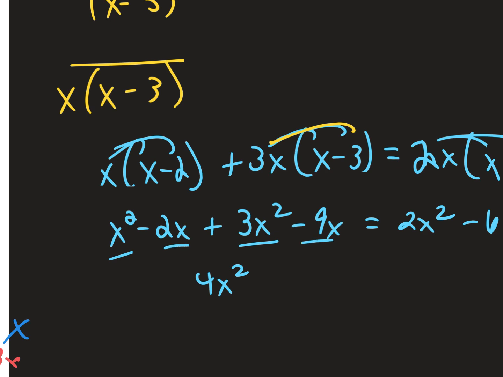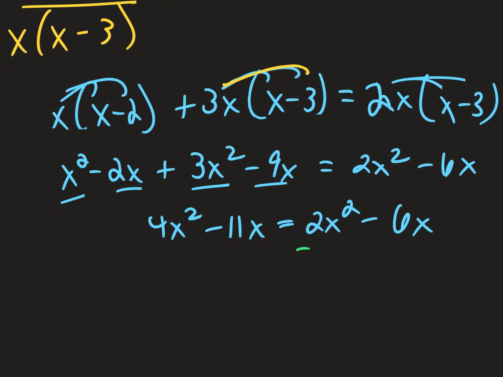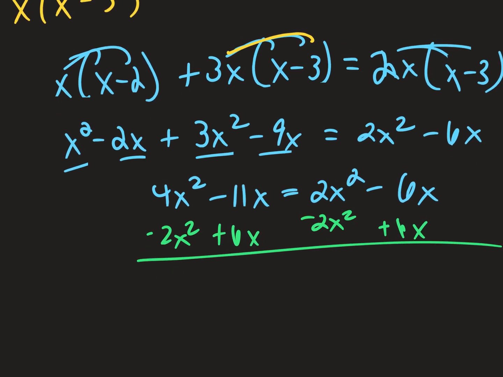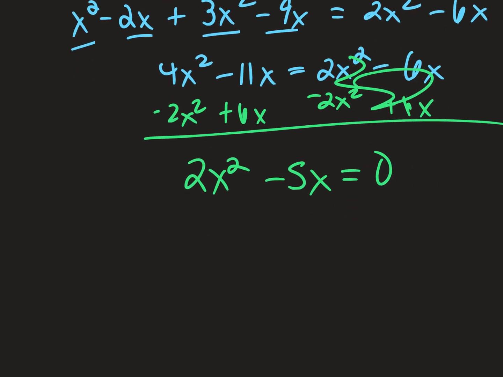Negative 2x and negative 9x is minus 11x equals 2x squared minus 6x. With our quadratic, we'll move everything to one side. So I'm going to subtract 2x squared and add 6x. So 4x squared minus 2x squared is 2x squared. Negative 11 and positive 6 is going to give me negative 5x equals 0.